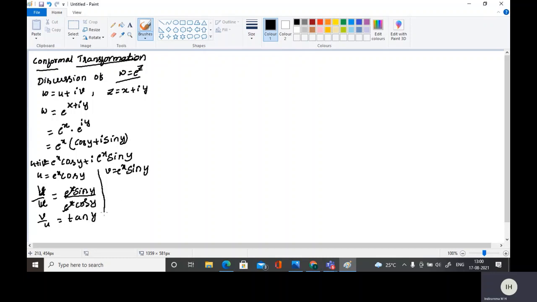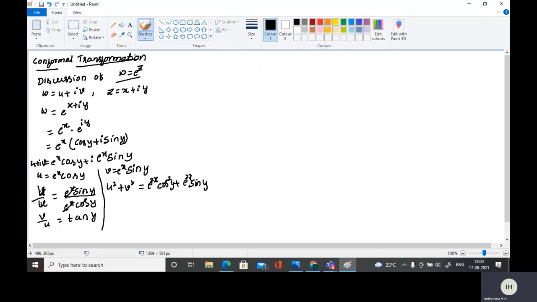Here I eliminated x and formed the equation. Next, I am finding the equation by eliminating y. So consider u square plus v square, square and add these two. u square plus v square is e power 2x cos square y plus e power 2x sin square y.